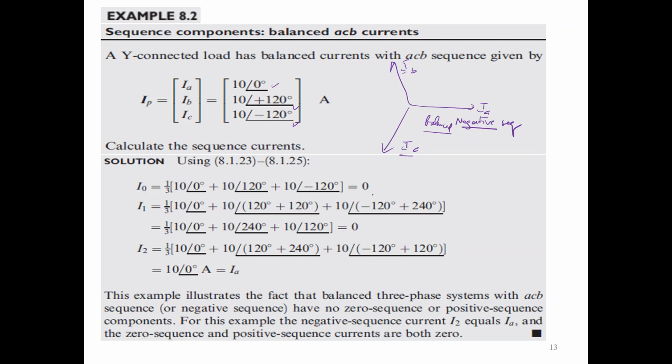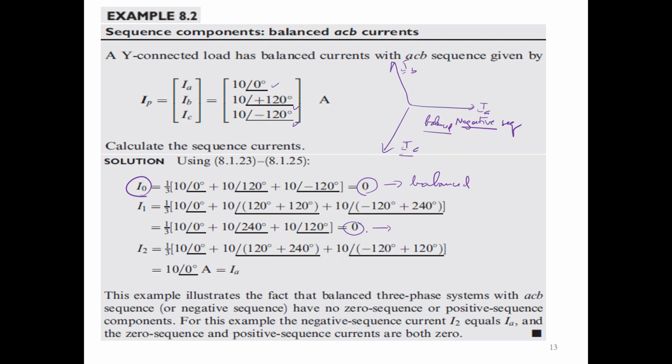You put this into the calculation, you see that the I0 is zero, because this is balanced. Now you gave the negative sequence, so your positive sequence is zero. This is zero because the input phase quantities are negative sequence. So the positive component is zero.